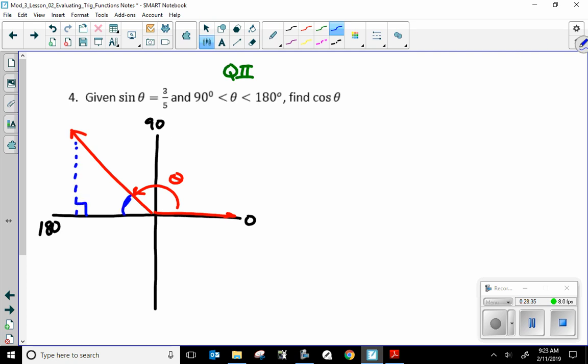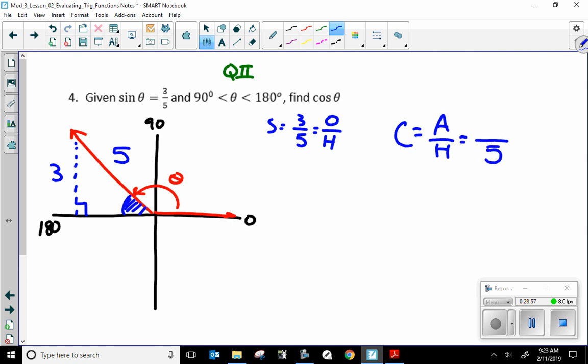And this is my reference angle. This is important because if sine is 3 over 5, that's opposite over hypotenuse, isn't it? So opposite is 3, and hypotenuse is 5. They want cosine. Cosine is adjacent over hypotenuse.